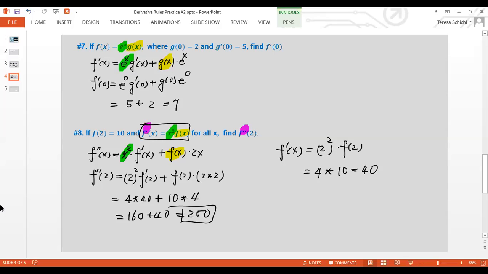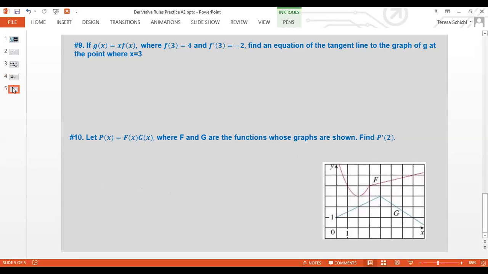Okay, now let's take a look at the last two problems here. This one says g(x) equals x times f(x). Now I want to find the equation of the tangent line for which function? For g at x equal to 3, right? So first, I need to know for g, x equal to 3, what is my g(3)?